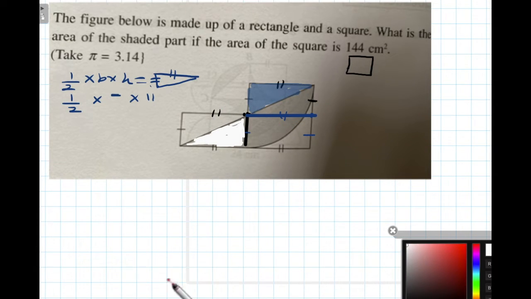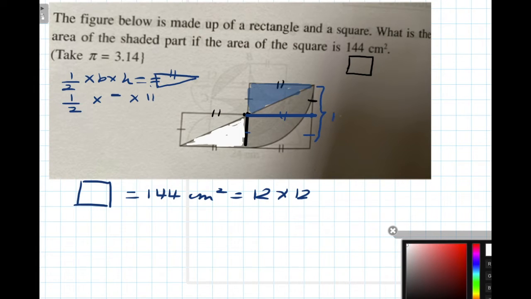And you already know that this square here, the area is 144 centimeter square. What times what, which must be the same, will give you 144. When you realize that 12 times 12, right, will give you 144. So it means that over here is 12. And over here is 12 also.